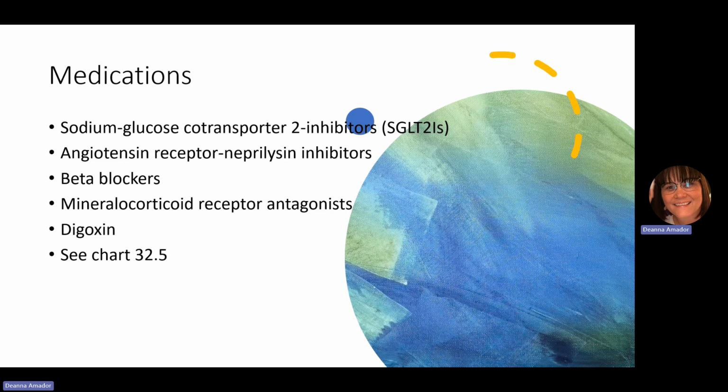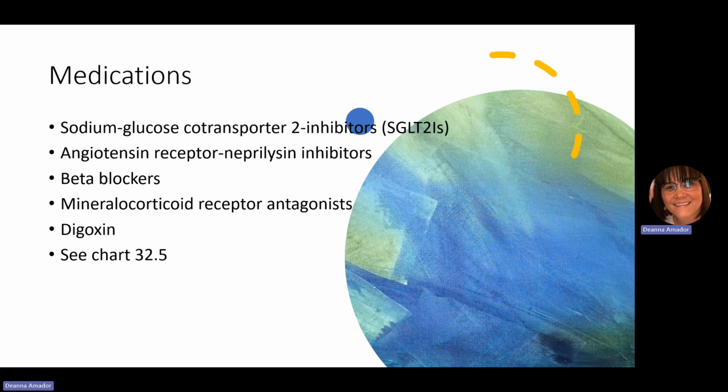Aldosterone is a potent sodium conserver, and if you're hanging on to sodium, you're hanging on to fluid. So obviously, if we have an aldosterone blocker or a mineralocorticoid receptor antagonist, then we're not going to hang on to extra fluid. This, like I said, would be your spironolactone. They will use other diuretics too, but you can understand why that would work really well.